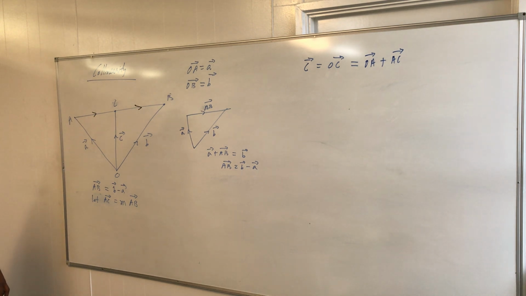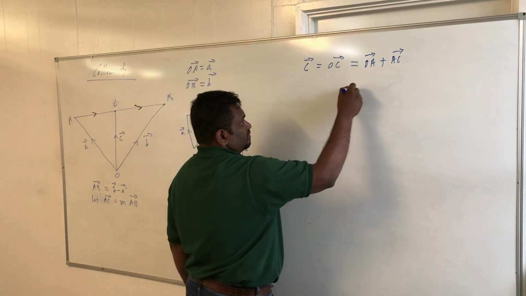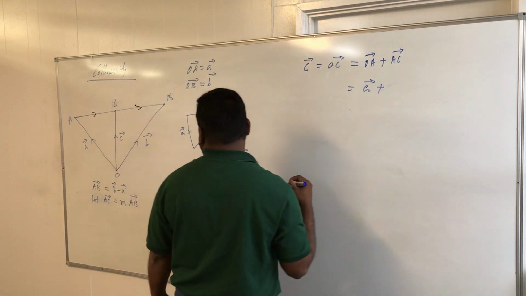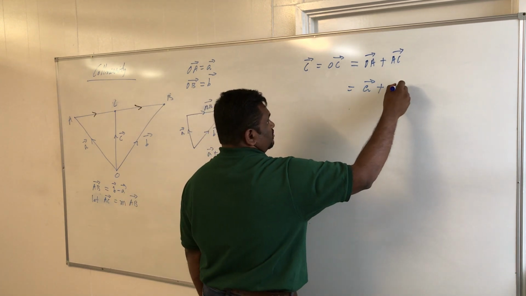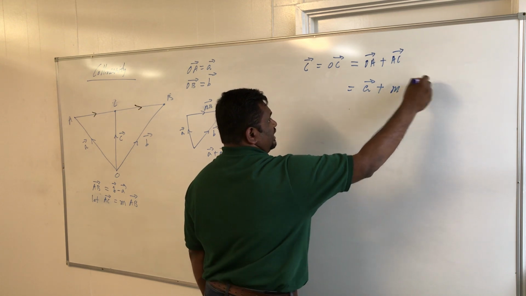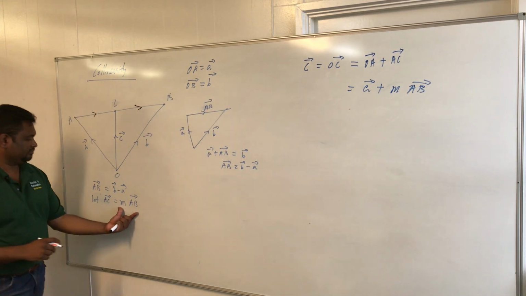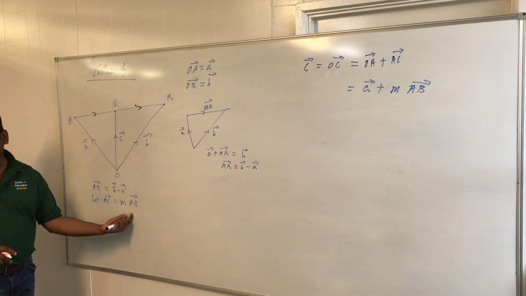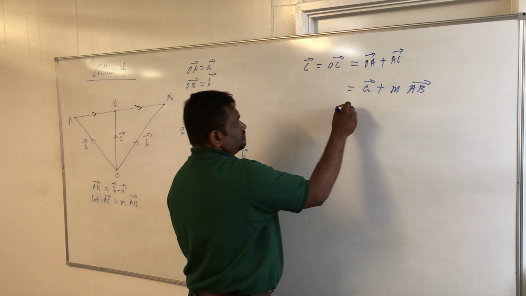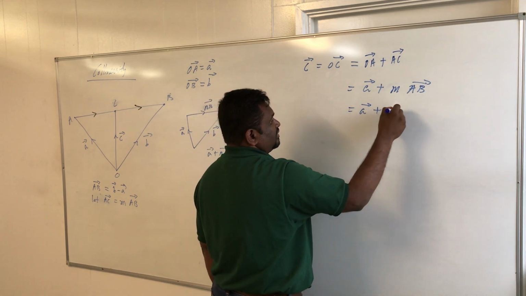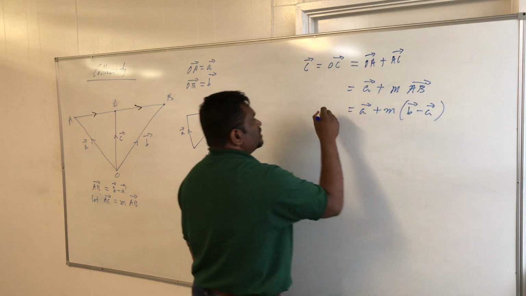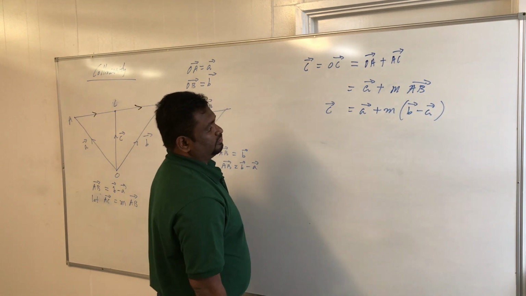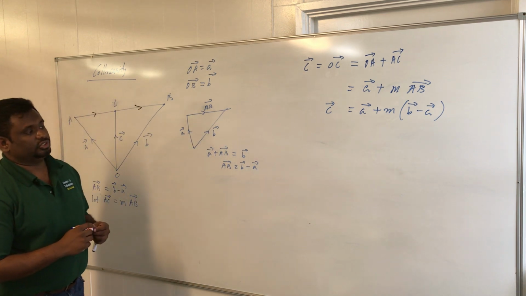Yeah, OA plus AC. Now, what is OA, guys? A. What is AC? A. M times AB, yeah? Got it? Now, what is AB? M times B minus A. This is C. So that's the condition.